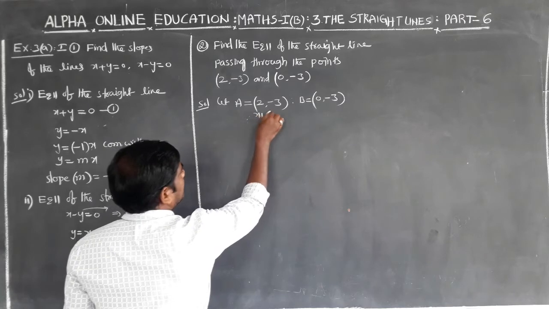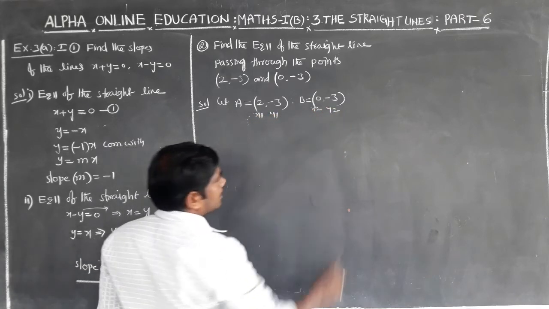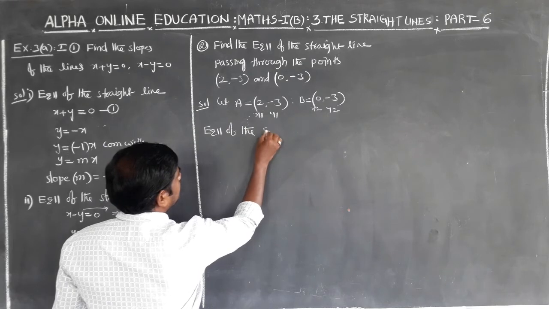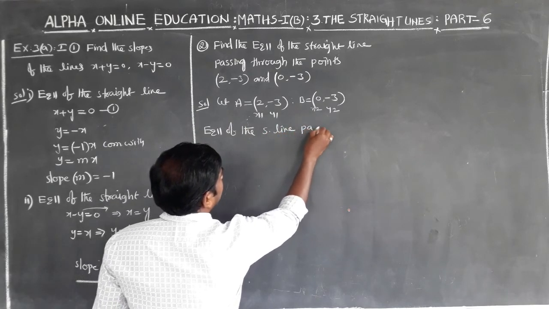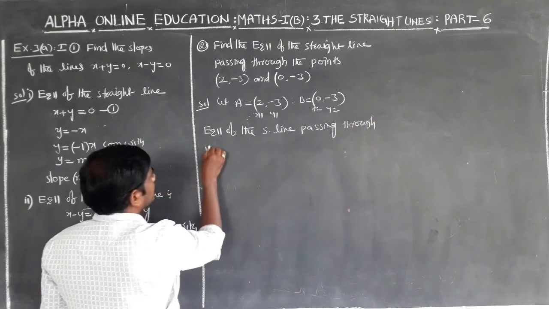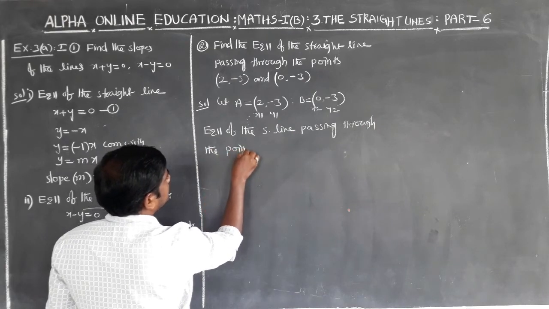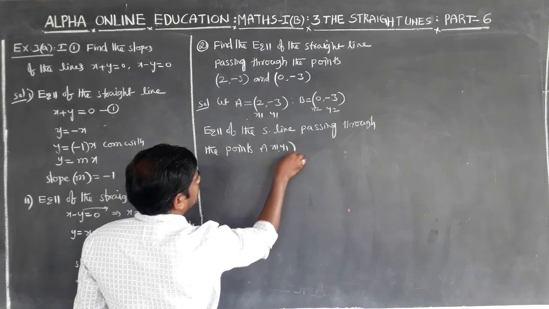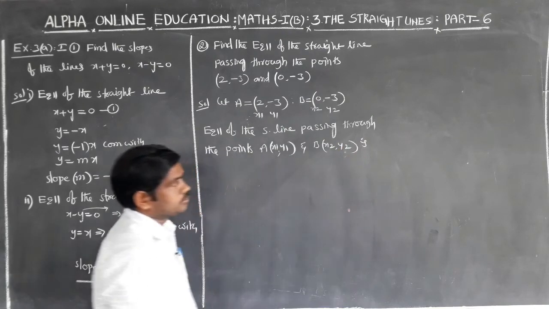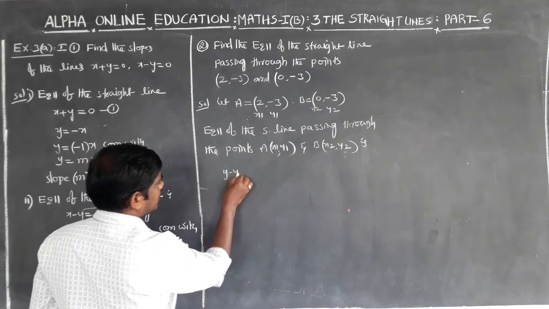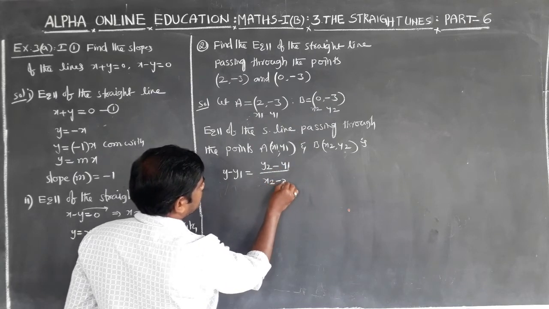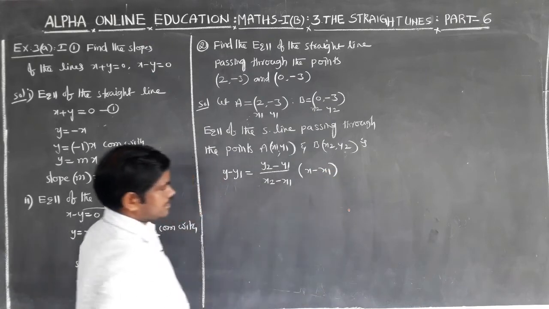Let A be x1 y1 and B be x2 y2. Equation of the straight line passing through the points A x1 comma y1 and B x2 comma y2 is y minus y1 equal to y2 minus y1 by x2 minus x1 into x minus x1.